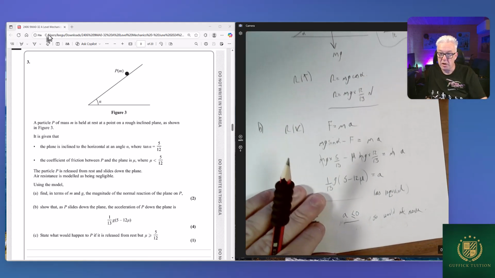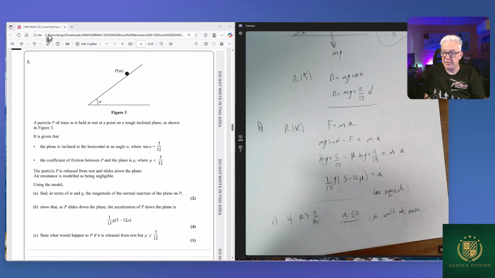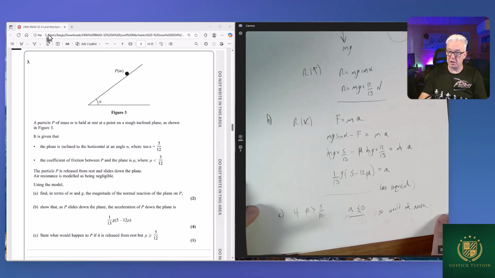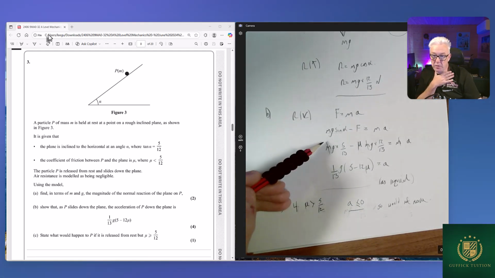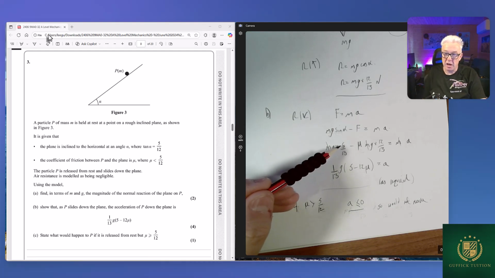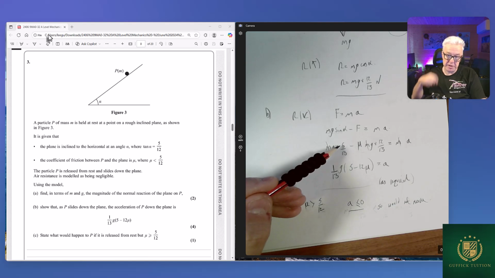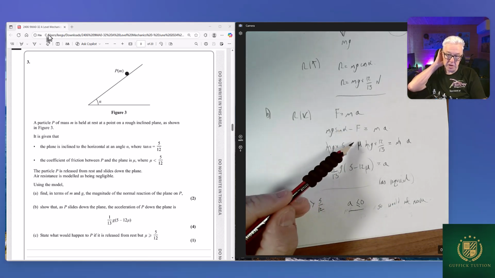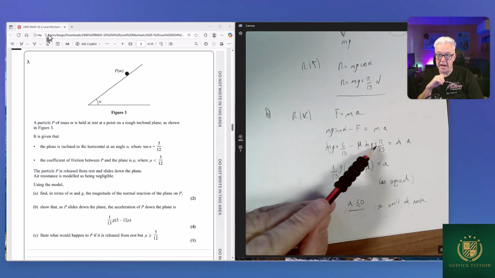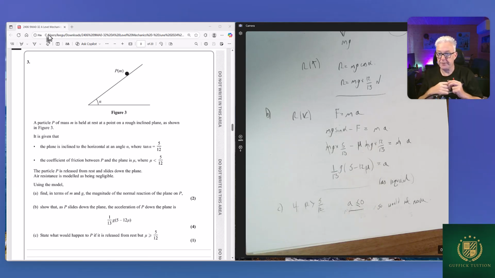So we've got the component of the weight acting down the plane minus friction is equal to mass times acceleration. So we've got mg sine alpha. Sine alpha is 5/13 because it's opposite over hypotenuse in our triangle. F is mu R, and we found in part A that R was mg times 12/13.